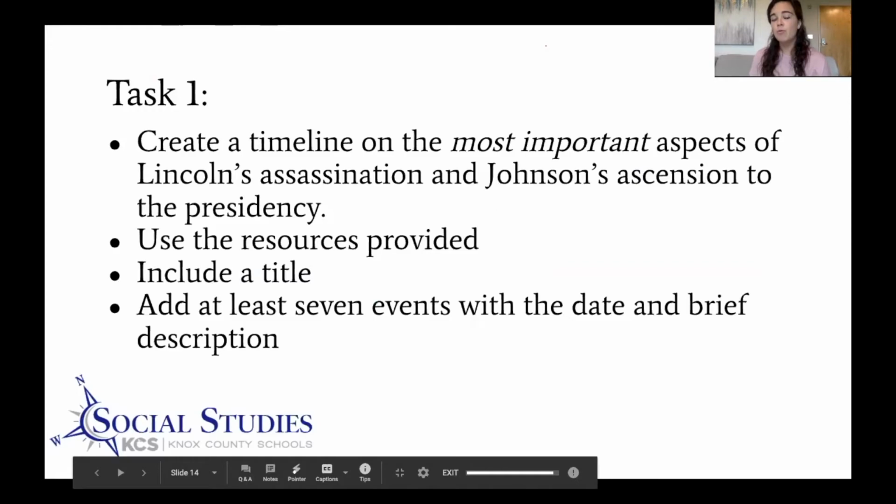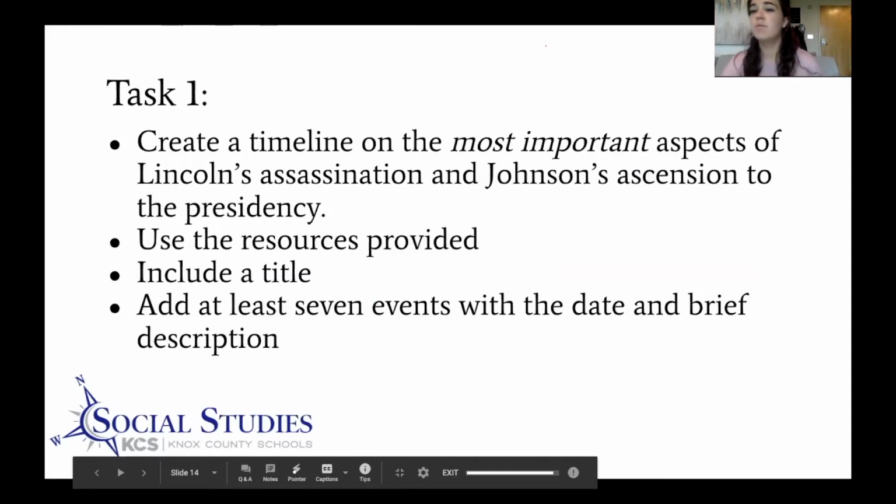So you only have to include 7 events, as it says down here, and there are many more than 7 on these pages. So that is why most important is italicized, because you're going to have to read through them and figure out which events are most important to include on a timeline.